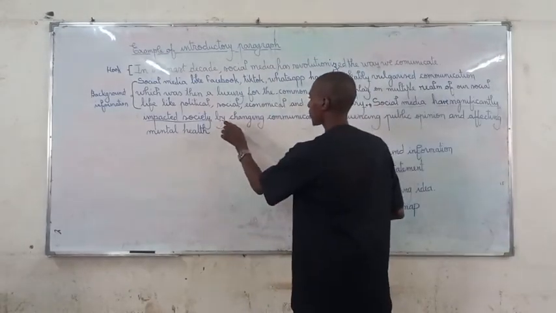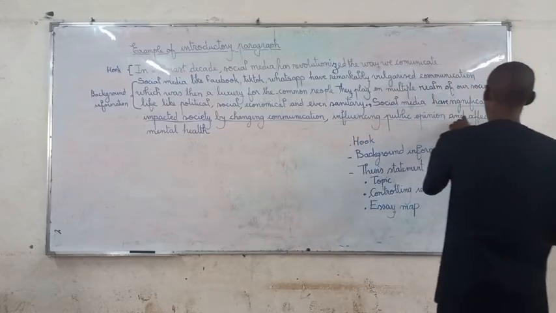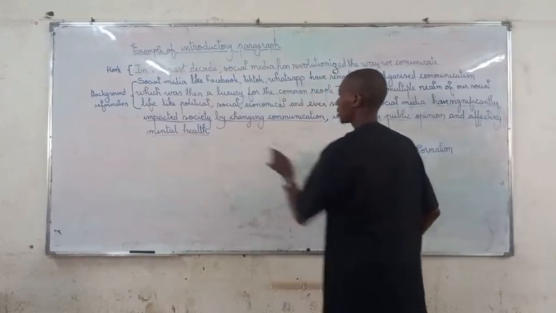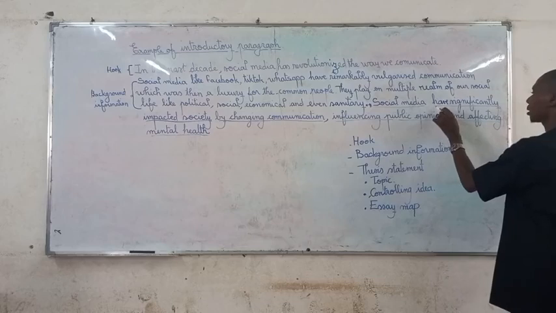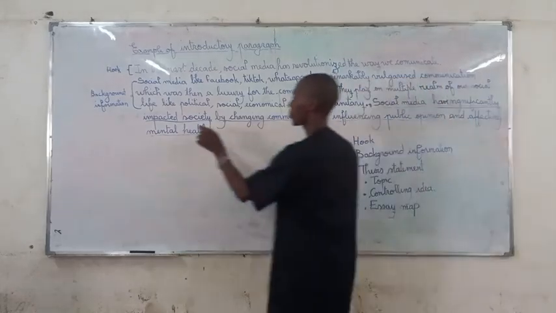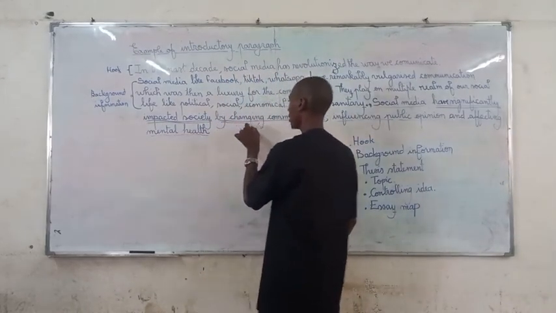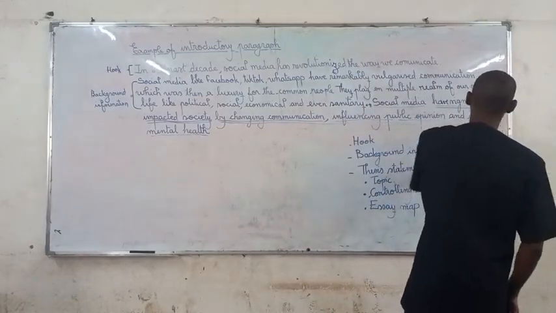And now, changing communication, influencing, affecting. So let's take one line for the topic, two lines for the controlling idea, and let's take three lines for the essay map.